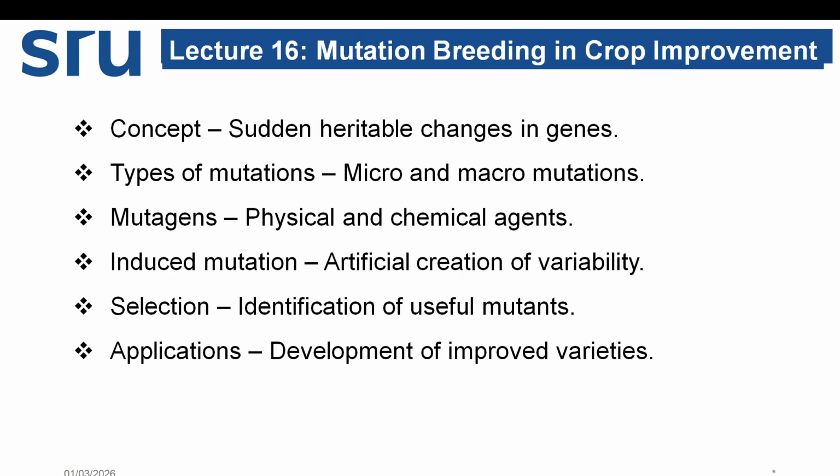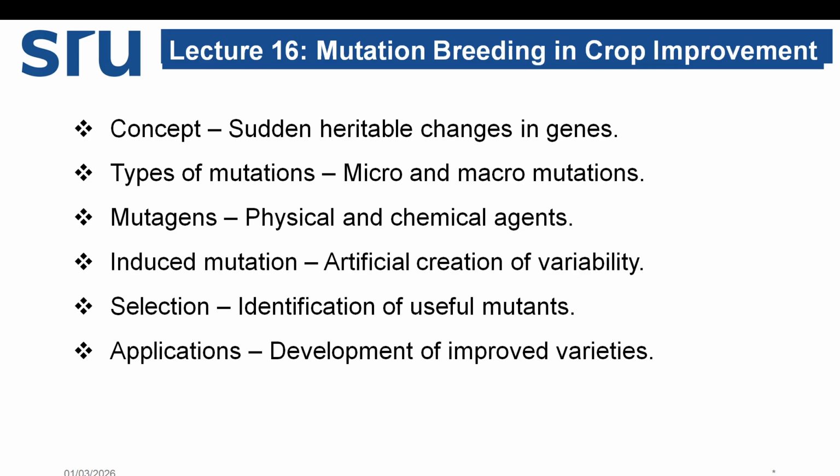Lecture number 16 will deal with mutation breeding in crop improvement. First we will see what exactly mutation is. It is a sudden heritable change in genes. Then the different types of mutation, micro and macro mutation. Next, the mutagens, physical and chemical agents.